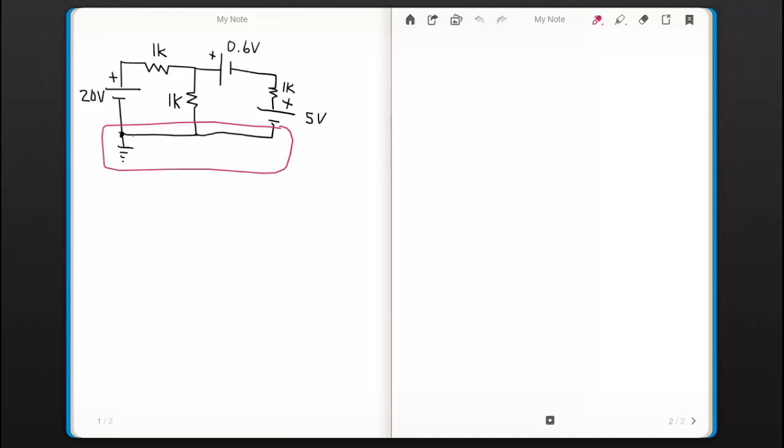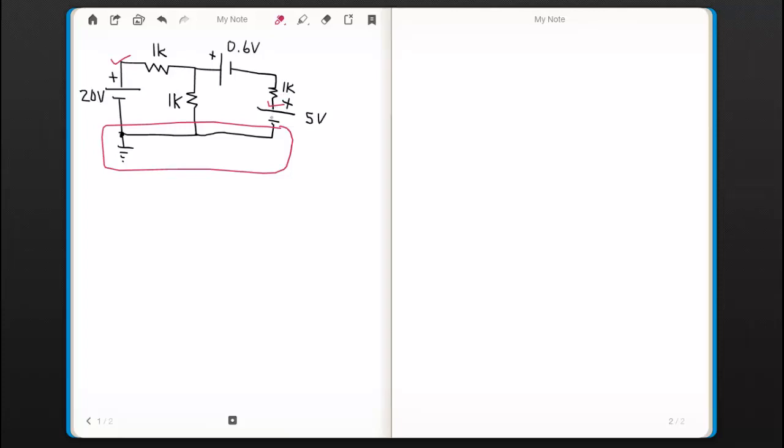And we already know from previous problems that if we have a voltage source where one side is ground, the node that the other side of the source is connected to is known. So this node here has 20 volts with respect to ground, so that's a known node. And over here, the node in between this 1K ohm resistor and the plus side of this 5 volt source is also known.